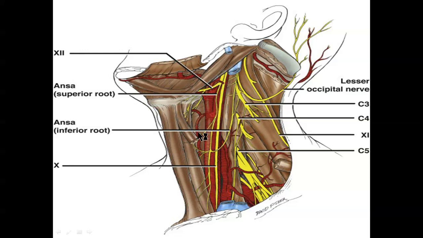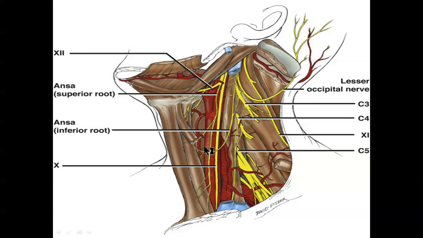In relation to the internal carotid artery, the ansa cervicalis is anterior. The superior root comes from the hypoglossal nerve, cranial nerve 12, and the posterior root comes from the C2, C3 nerve roots at this level.